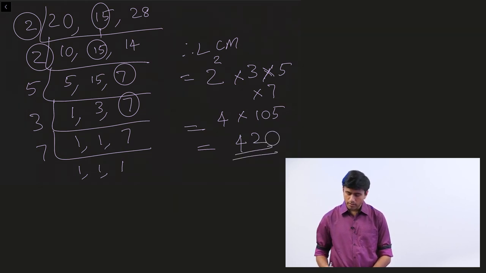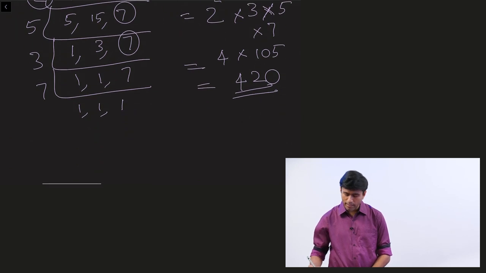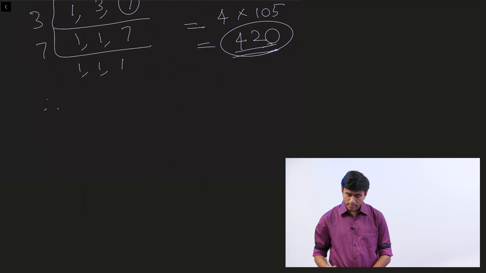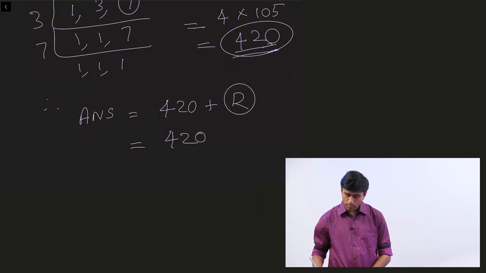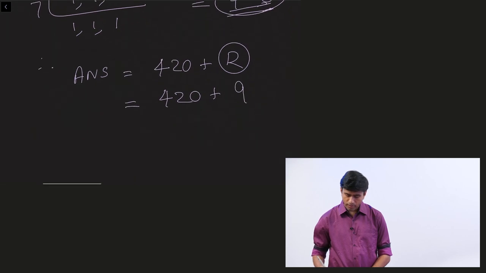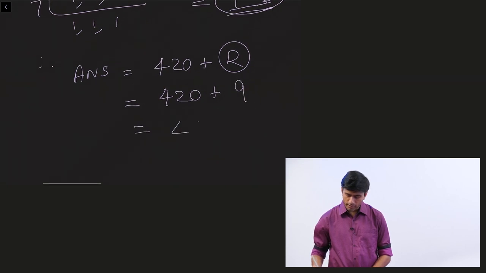But remember, we have not yet got the answer because we need to add the remainder to this number. Therefore, the smallest number which divides 20, 15 and 28, leaving a remainder of 9, is this 420 plus the remainder, that is 420 plus 9, 429.